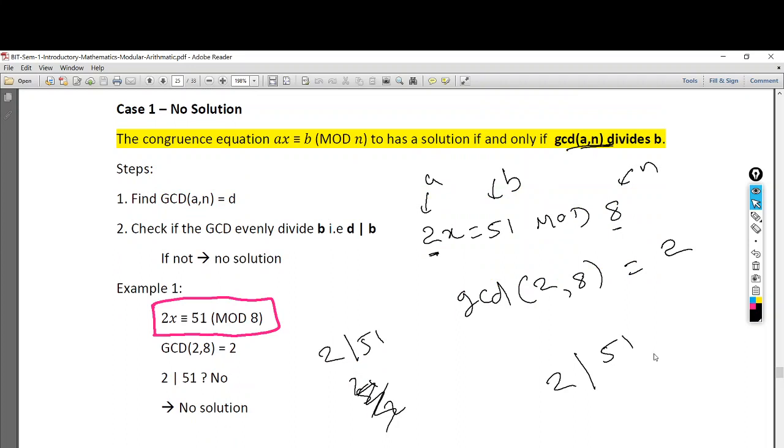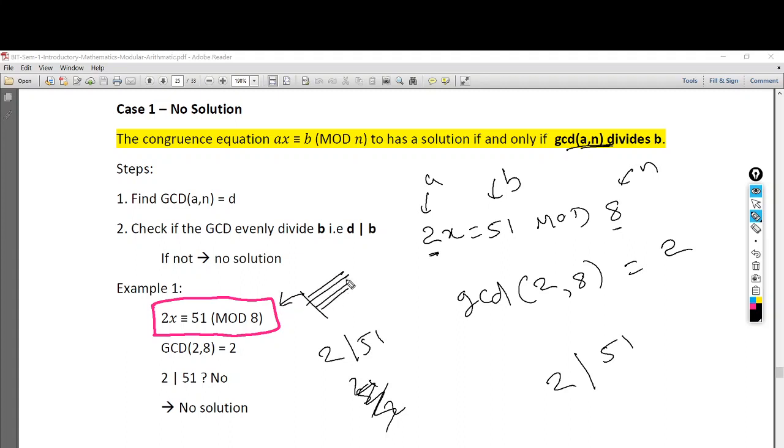Now you can see 2 does not divide 51. If the GCD divides b, only then it has a solution. Unfortunately, 2 does not divide 51, because there is a remainder of 1. So unfortunately this particular equation is not going to have any solution.